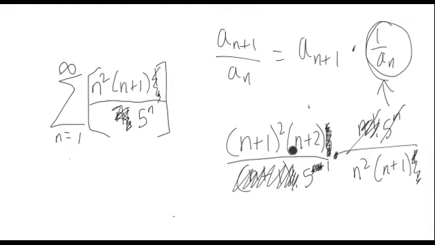Notice that the degree of this polynomial is degree 3. This is degree 3. The leading term is n cubed even, so the leading coefficient of that is 1. So n cubed up here, n cubed down here. When you're taking a limit of polynomials and they have the same degree, the limit is just the ratio of the coefficients.